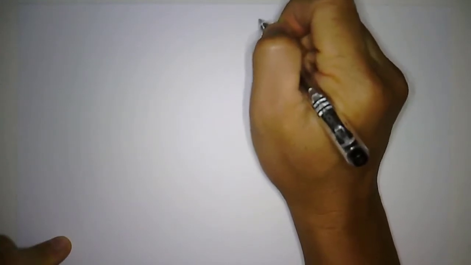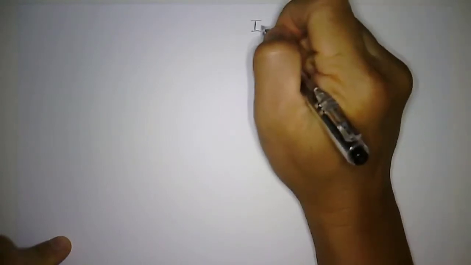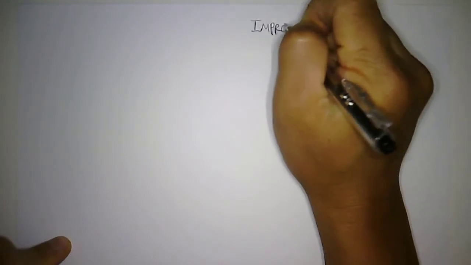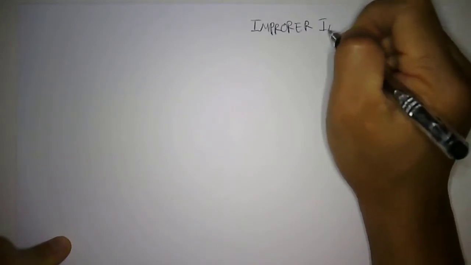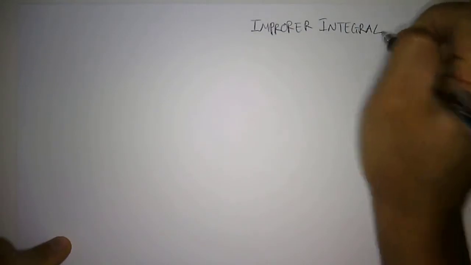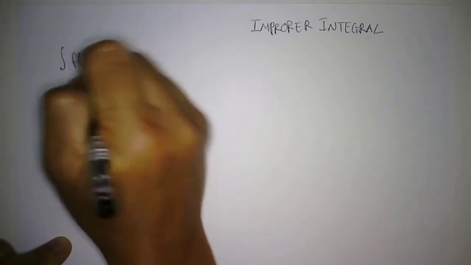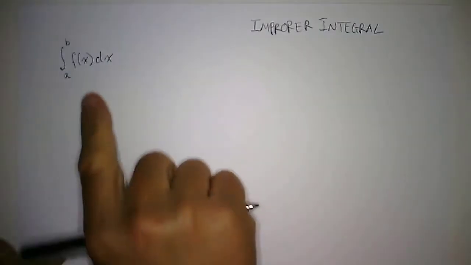All right, and now at this point, after looking at examples 4 and 5, we have come to the following generalization. As far as those improper integrals that we have seen throughout examples 4 and 5, those are integrals of some function f of x with the integration interval from a to b.